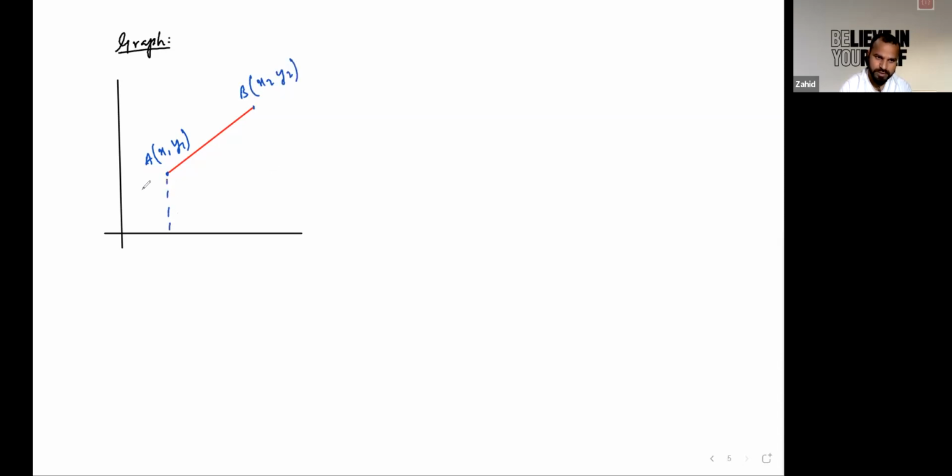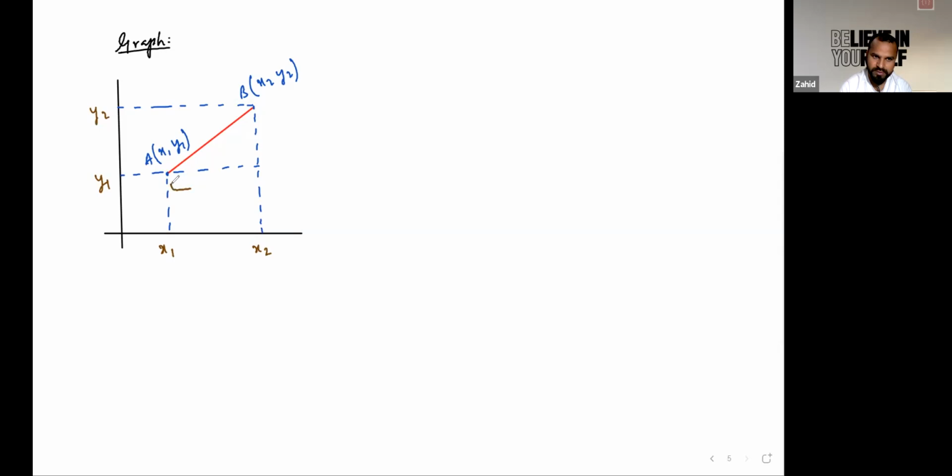Now, if you draw a vertical line and a horizontal line, this particular point will be termed x1, this will be x2, similarly this will be y1 and this will be y2.